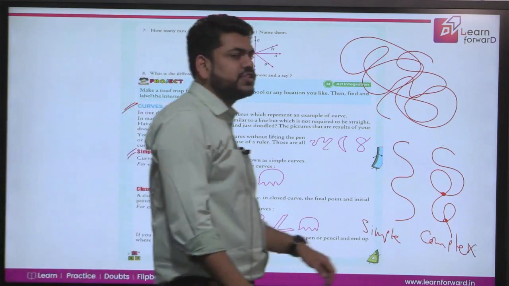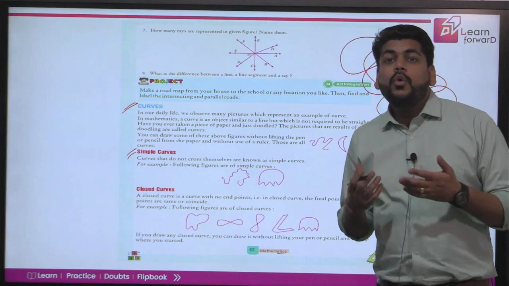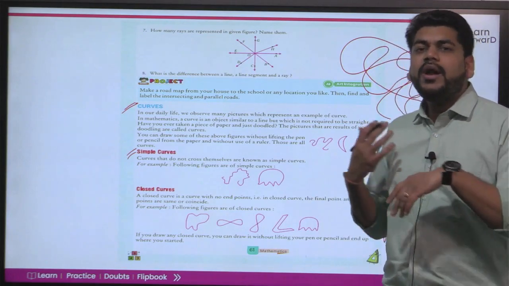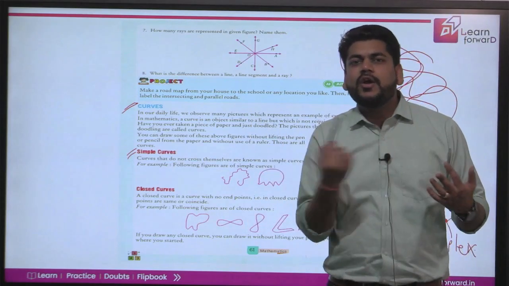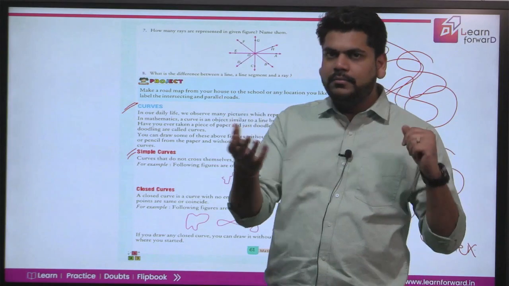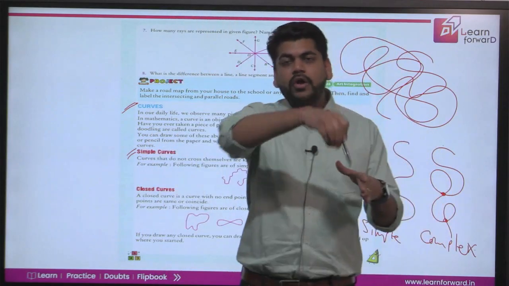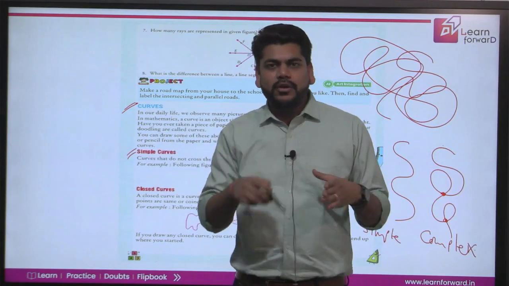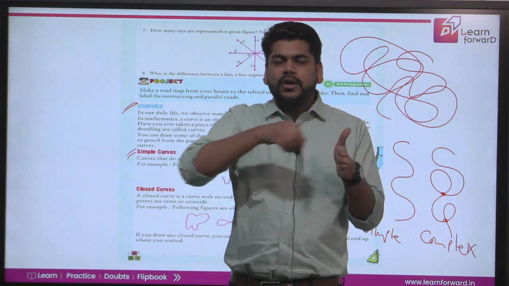Now the closed curve. In these curves, you are unable to find the starting or ending point because it's a closed path. Whenever you go for a jog or roam around the park, on the corner of the park, when you go for a morning walk, you just start from a point and keep on walking.